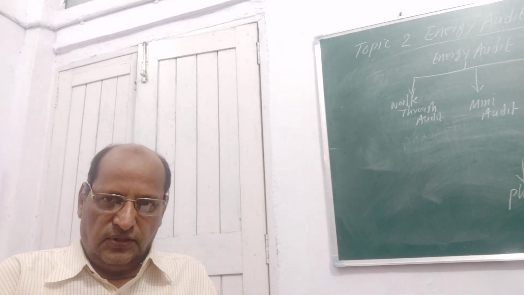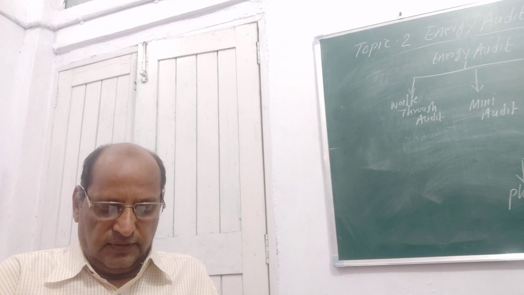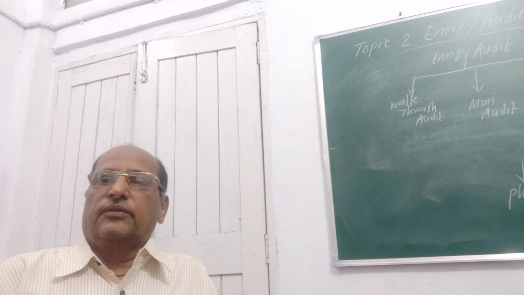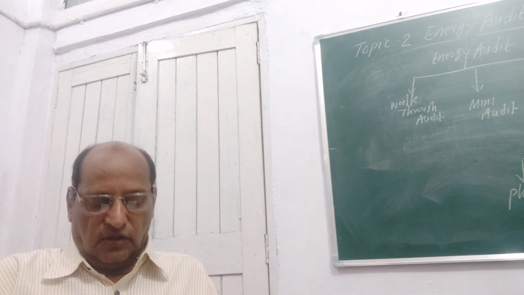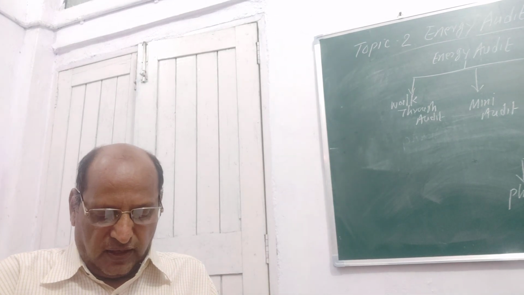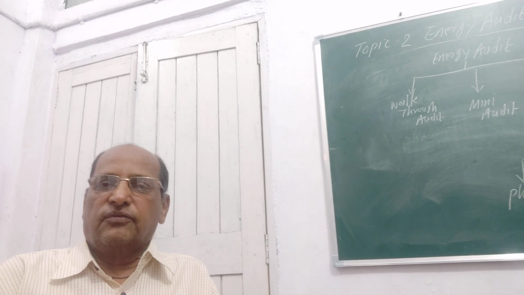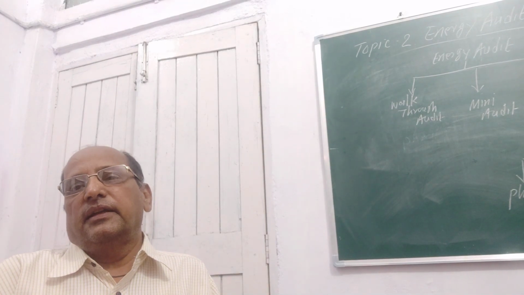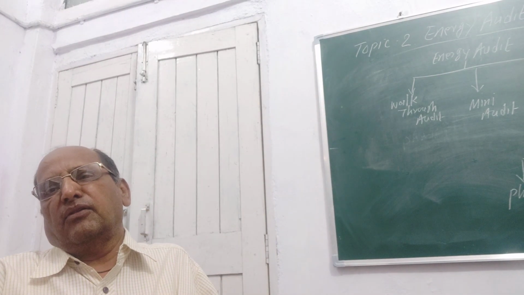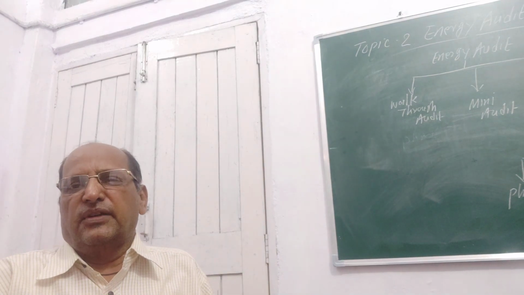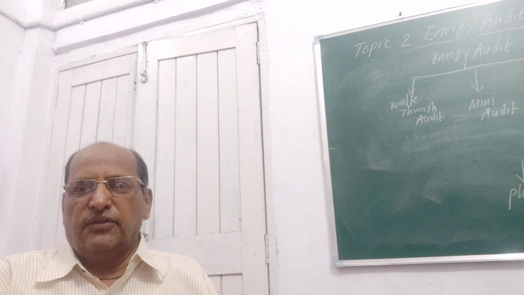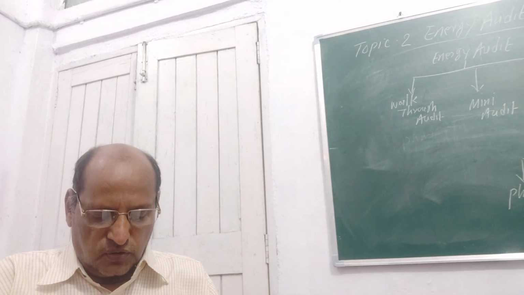By the first visit, in the pre-audit phase, you decide the number of persons you require for energy audit work. Then second, finalize the list of instruments which are required for auditing. तो ऑडिटिंग के लिए आपको क्या क्या इक्विपमेंट लगने वाले हैं और इंस्ट्रूमेंट लगने वाले हैं मेजरमेंट के लिए, you have to identify and list out those instruments.